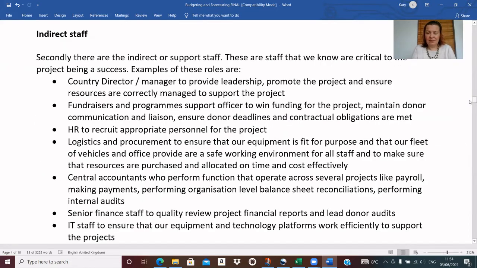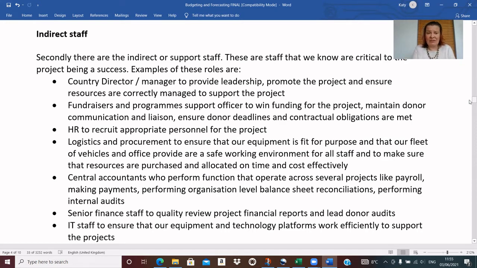Then we have the indirect staff. And as I explained before, these are the staff, they are still critical to the project being a success. They provide the support and operations functions, but they might not be working 100% on the project because they are also dedicated across a range of tasks and other projects.